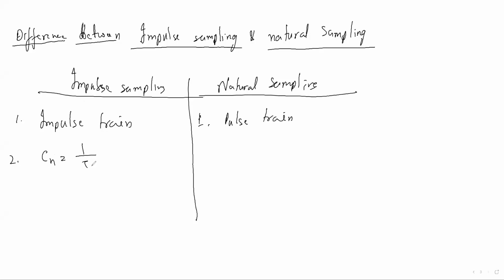It is nothing but 1 by Ts. In the natural sampling case, we have seen that Cn is 1 by n pi sin(n omega t by 2).